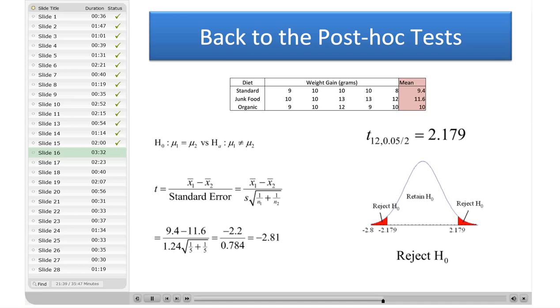In any case, we've calculated our t-statistic, and as usual, we want to compare that to a cutoff value. Now, this is the main difference between this type of post hoc test and the t-test that we looked at in the last lecture. In this problem, we have 12 total degrees of freedom, and so we're actually allowed to use the cutoff that corresponds to 12 degrees of freedom, which is 2.179.